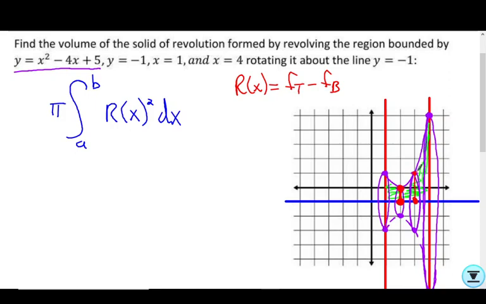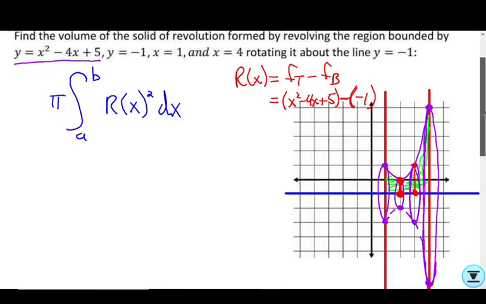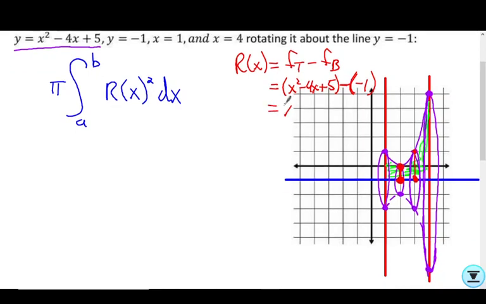But that means the quadratic is on top, so x squared minus 4x plus 5 minus the function on bottom, which is that line of rotation, okay? Which means that basically x squared minus 4x plus 6, that's my radius, okay?